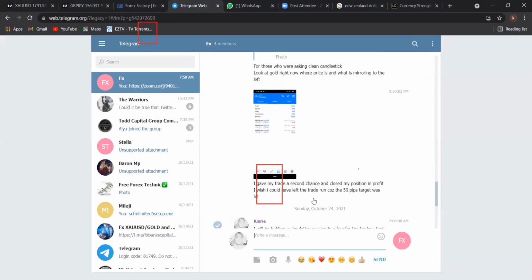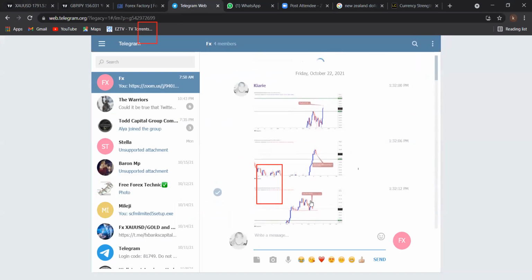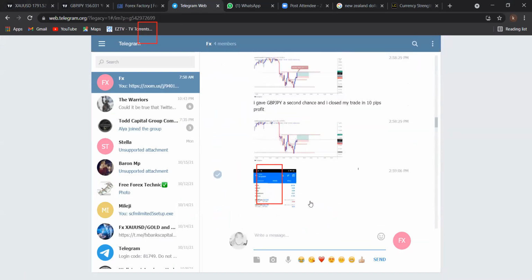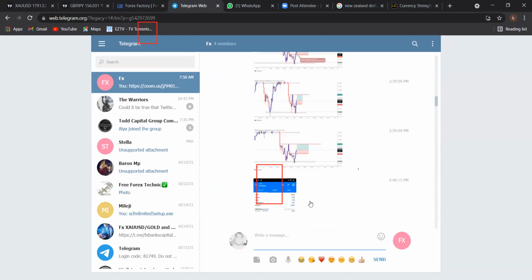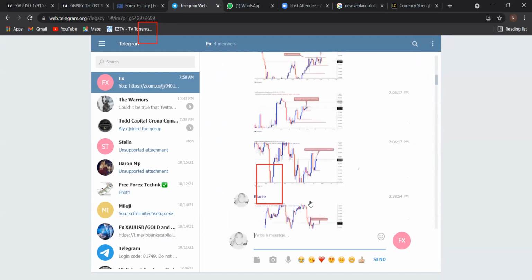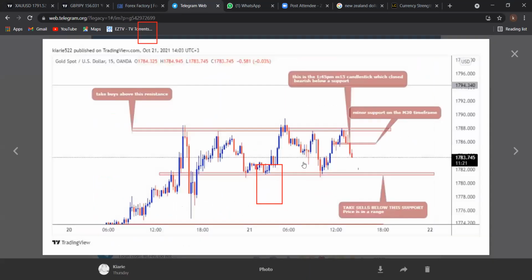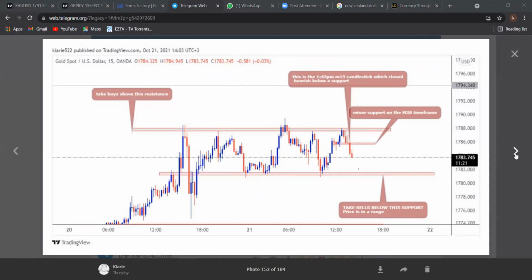This is the 21st. That was my analysis on gold. Support, resistance.